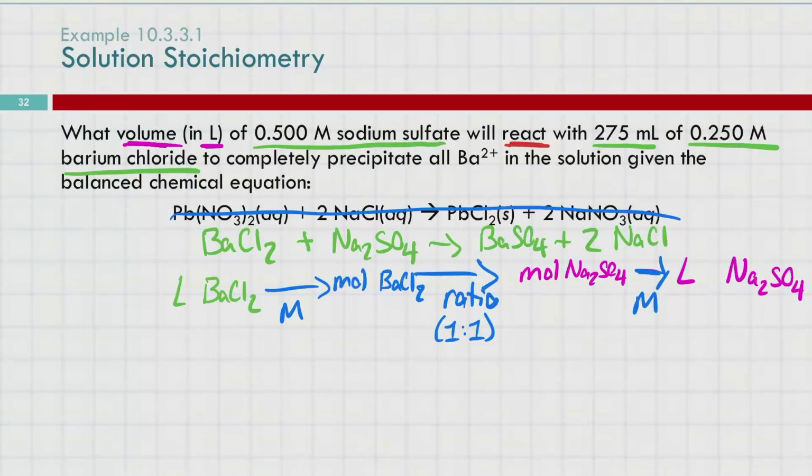As a general rule of thumb, for this type of problem, we're going to start with the thing that we've got 2 numbers for. Right, we've got 275 milliliters and a concentration for barium chloride. We only have one thing for the sodium sulfate. We're looking for the other thing. So we're going to start with the milliliters.